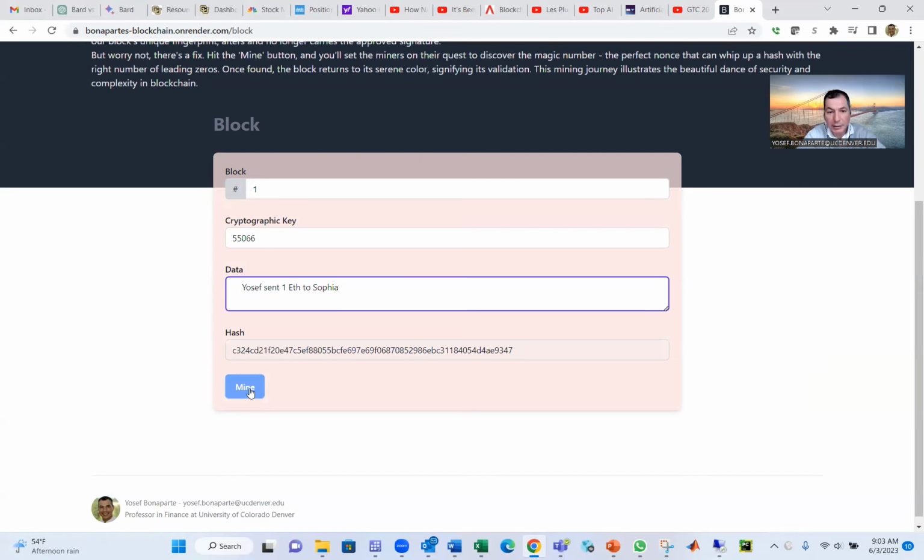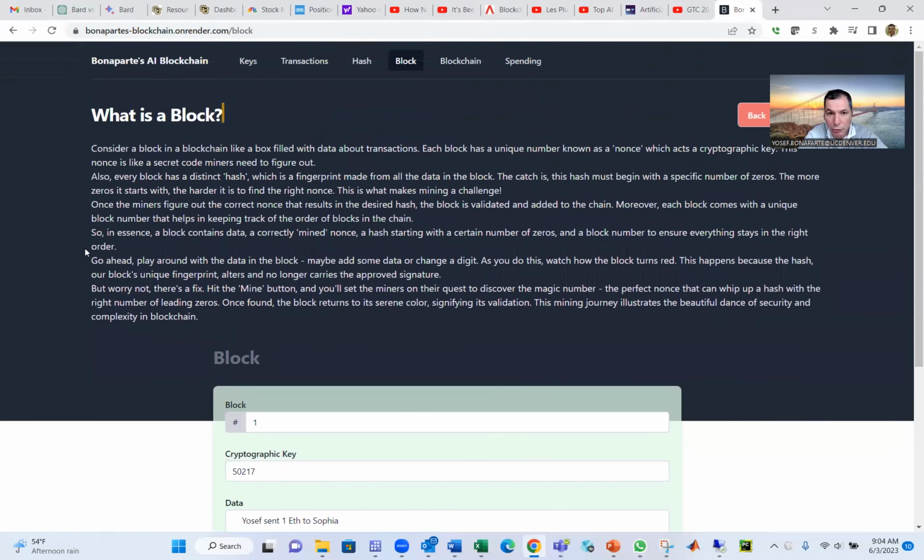If you mine it, you see the hash. Before mining, there are no zeros here, but if you mine the hash, you're going to have 1, 2, 3, 4 zeros. That means this is a good hash. This transaction is good. Joseph sent 1 Ether to Sophia, and it's mined. That means this block is absolutely correct.